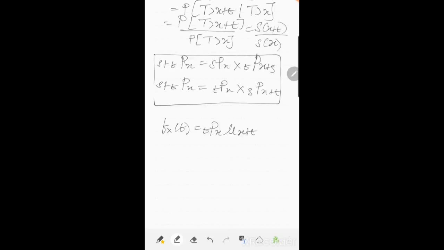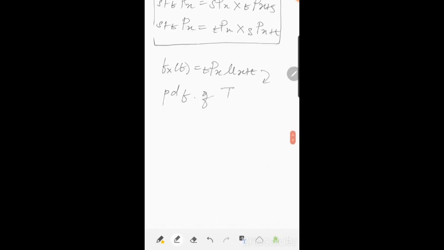This mu x plus t, as we saw earlier, is the force of mortality, and this tpx is the survival. So from the survival and the mortality, this leads us to the probability density function, which is the PDF of T.